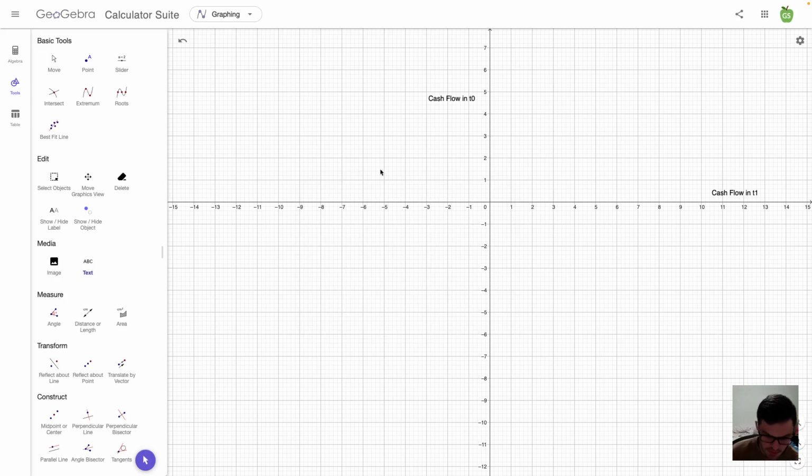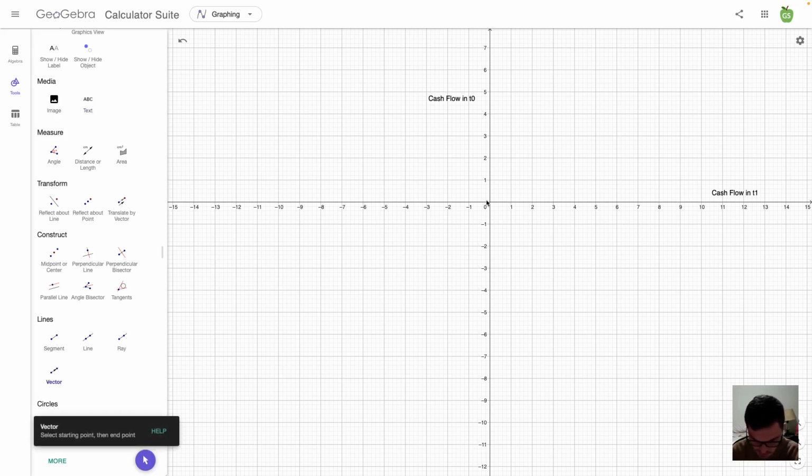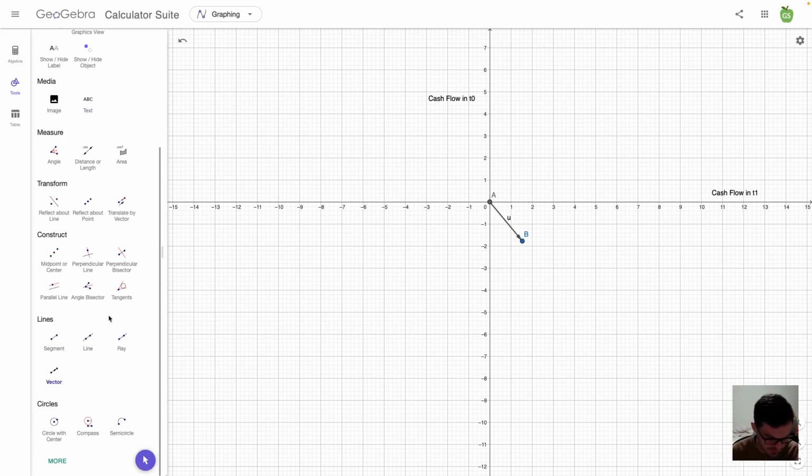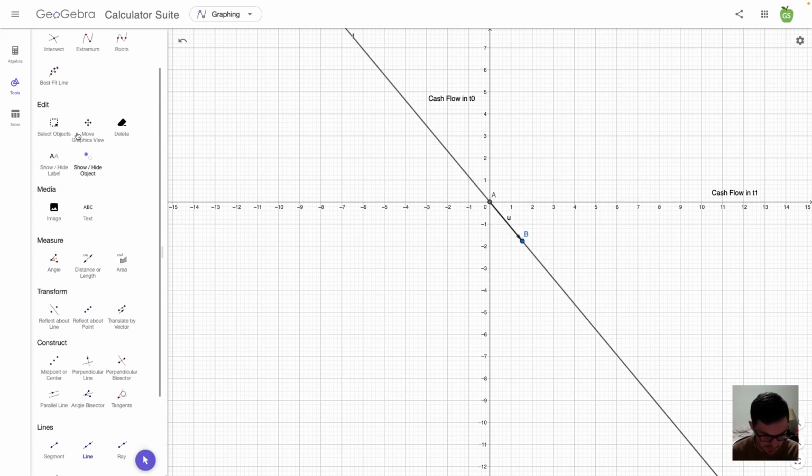Okay, so what we're talking about is the law of one price, and what that really means. It sounds kind of confusing, but it's actually really simple. So normally what we do is we draw some vector like that, and then we have a line going through here, right?